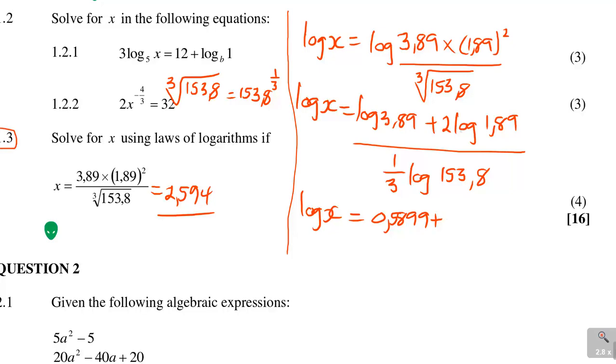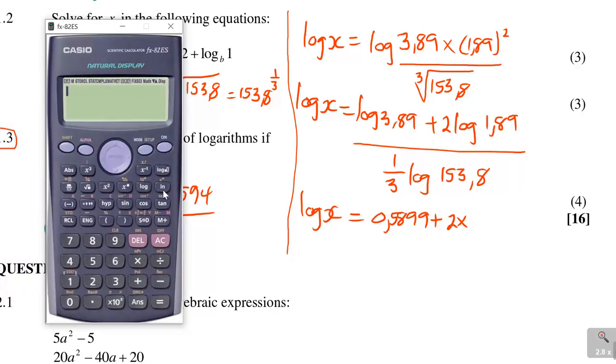And then after that one, we're going to find 2 times log 1,89 to 4 decimal places, 0,27646, which is 0,2765. You can round off with the calculator. You say shift setup, 6, and then 4 decimal places, which is 0,2765.